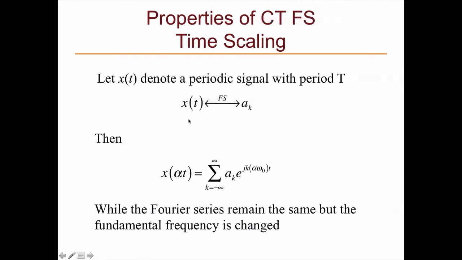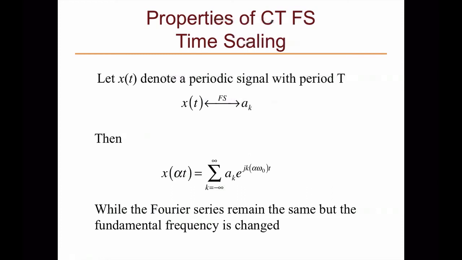If the signal x(t) corresponds to the Fourier series coefficient ak, then if we scale x(t) by a certain factor alpha, it would be reflected in the scaling of the frequency omega 0.